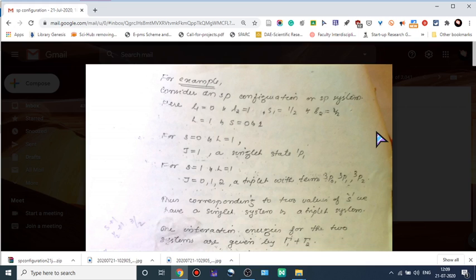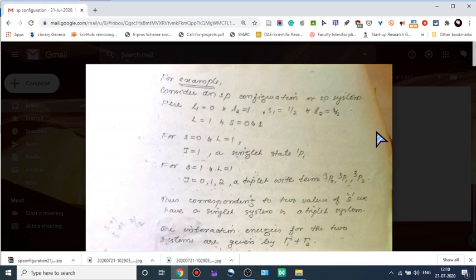That is a singlet state, since S equals 0 and the multiplicity 2S plus 1 is equal to 1. There is only a single term, the singlet state. For L equal to 1 we get a P term, so the spectral term is 1P1.